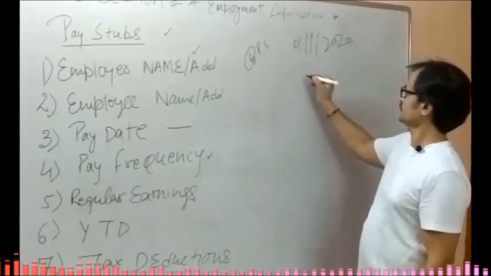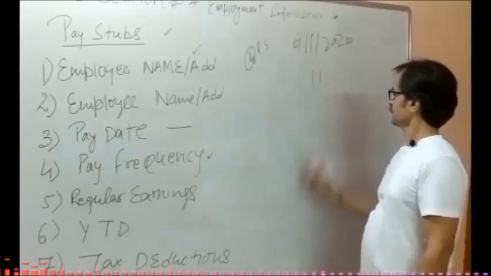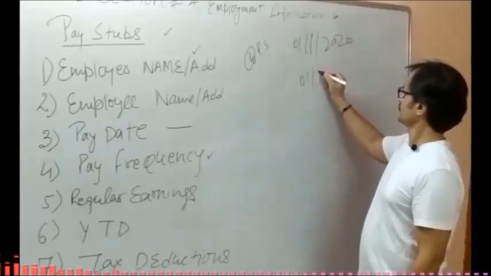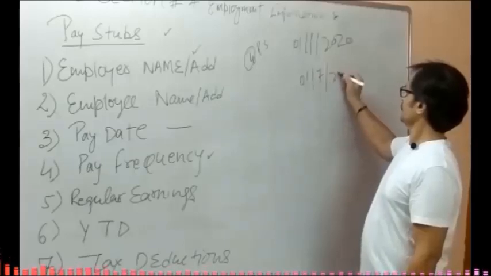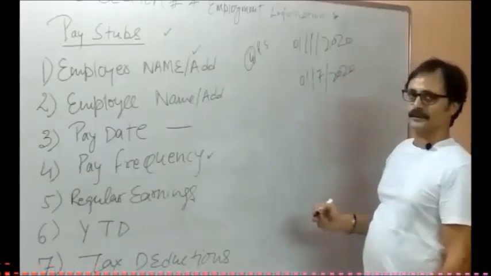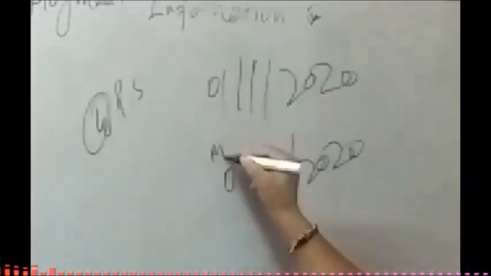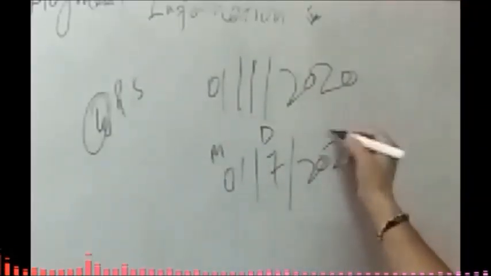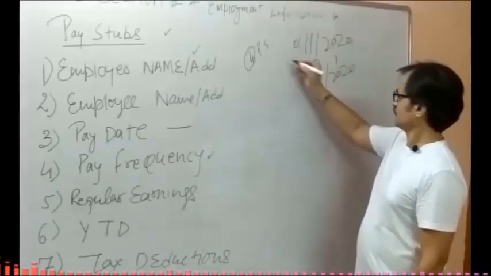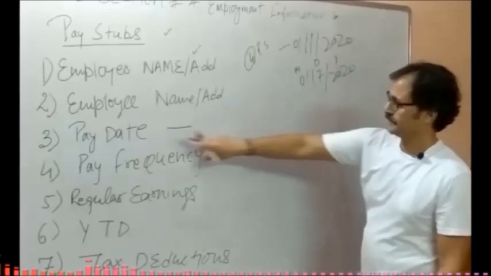The second one is 01/07/2020, because in the US format, the date is always written as month, day, and then year, MDY. So this is the first pay date.